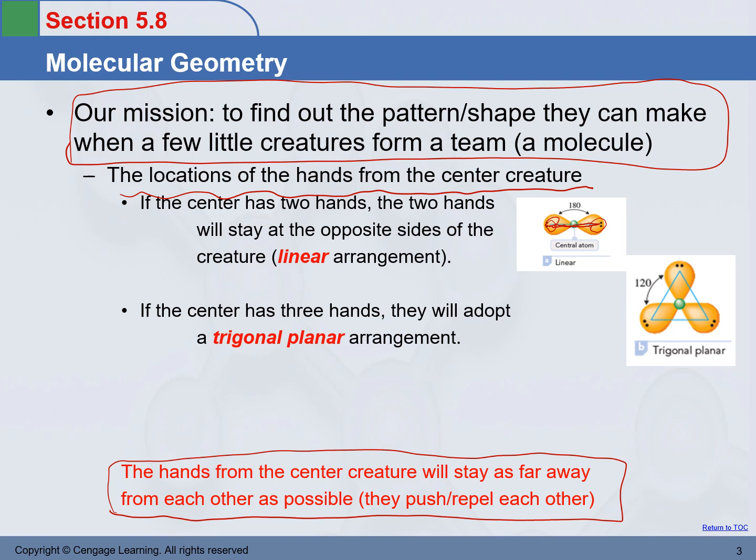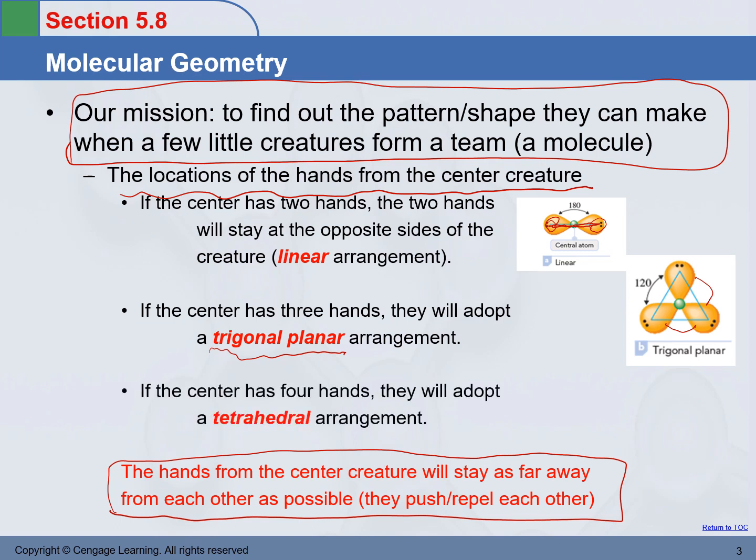If they move out of the plane, they will be pushed back by the other two hands. Each angle is an even 120. This arrangement of the hands is called trigonal planar arrangement. All hands are in the same plane, equally separated from each other. The angle between each two hands will be 120 degrees.